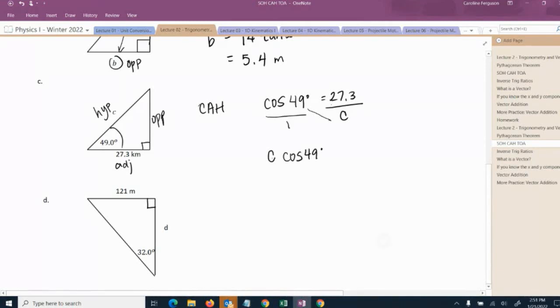Because when you multiply two things, if one's a letter, you can just put them next to each other, is equal to 1 times 27.3. So that's 27.3. And now I'm trying to solve for C, so I want to divide both sides by cos 49.